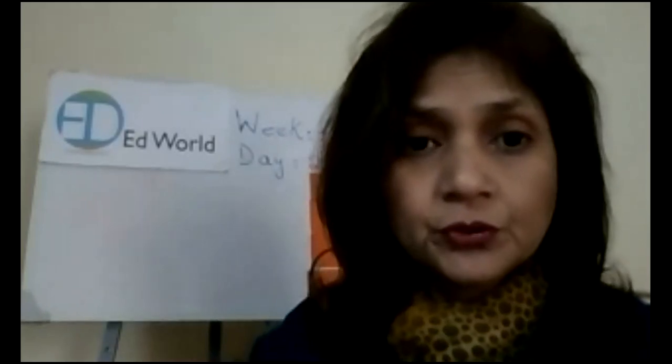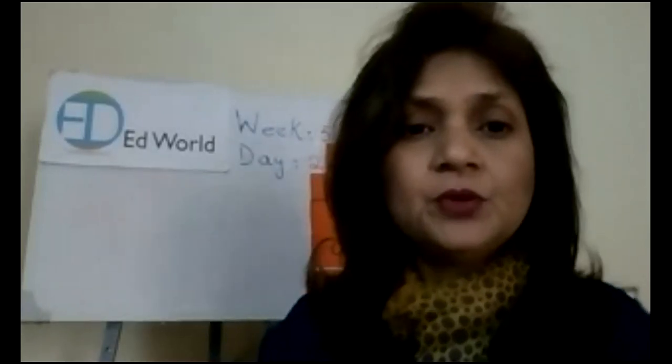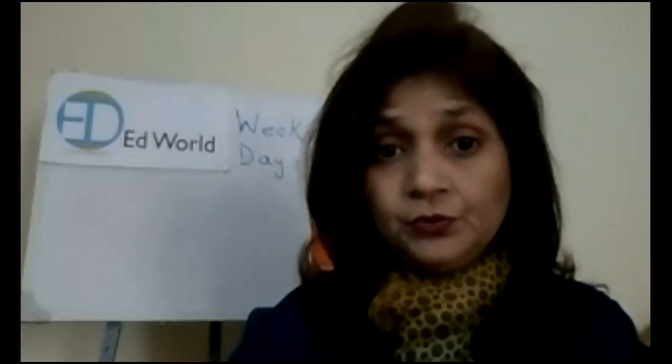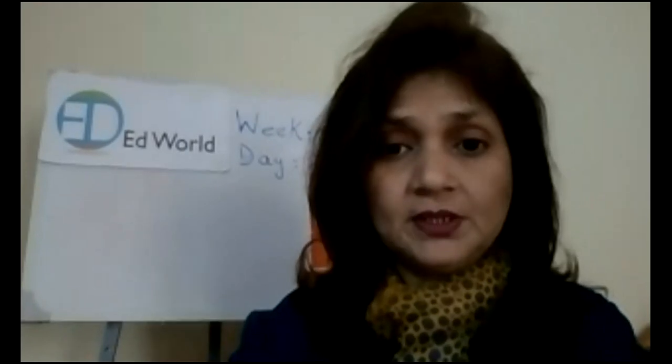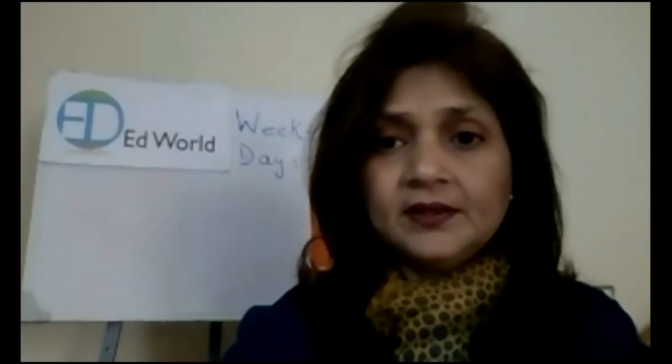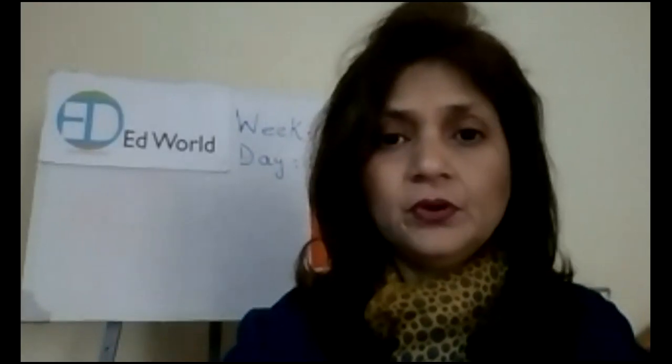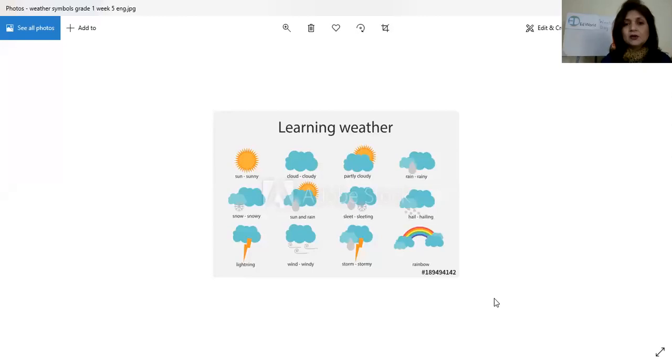Now I'm going to show you a picture and you have to look at the picture very carefully and see what that picture tells you. What is that picture about actually? Okay, ready? All right, there you go. Can you see this picture here? Now this is about learning weather. Again, it tells you about the weather.